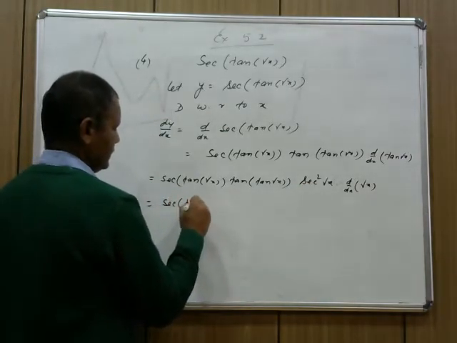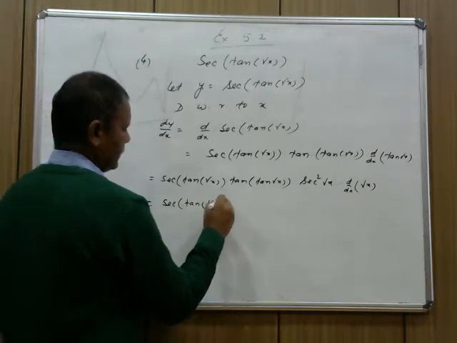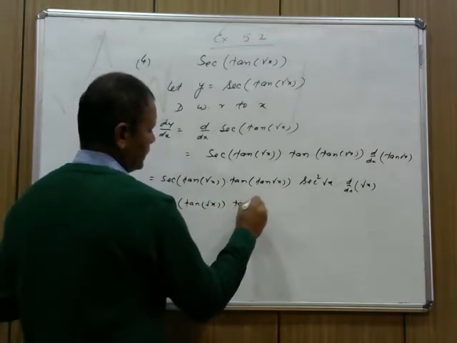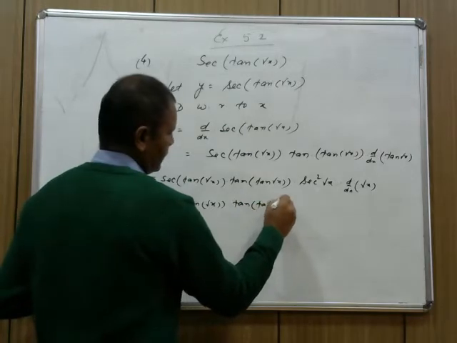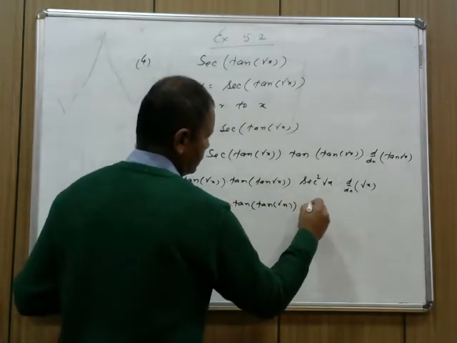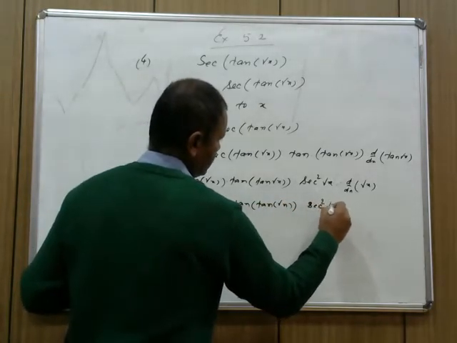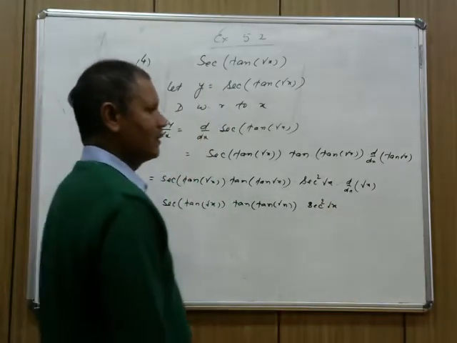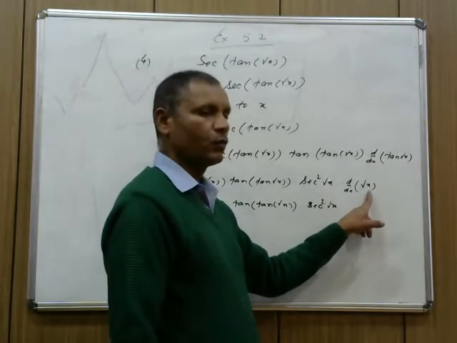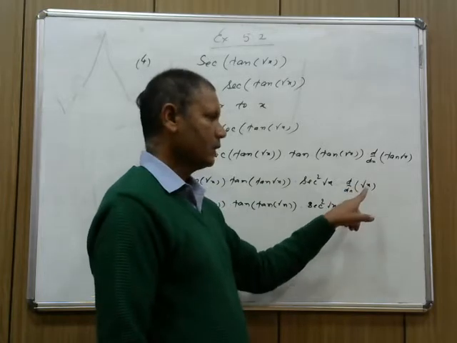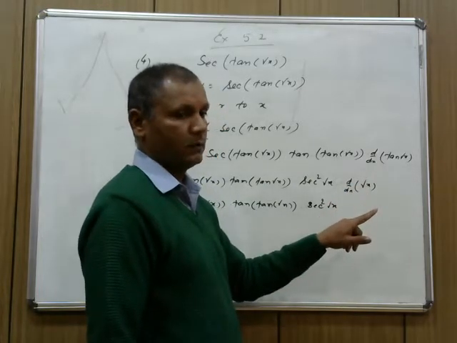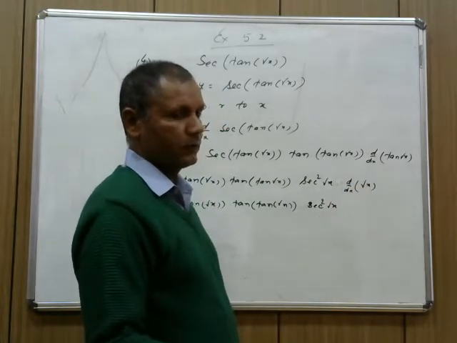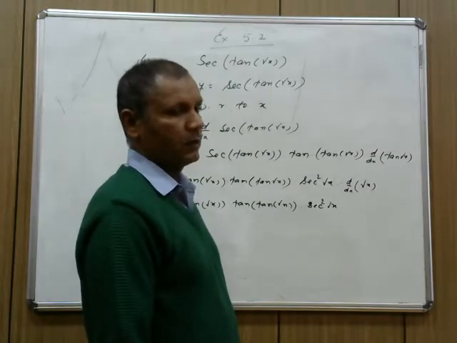Sec tan under root x into tan under root x into sec square root x. Now differentiation, dy by dx of root x. Root x I can write what? X to the power 1 by 2. That's why we'll use the formula x to the power n.